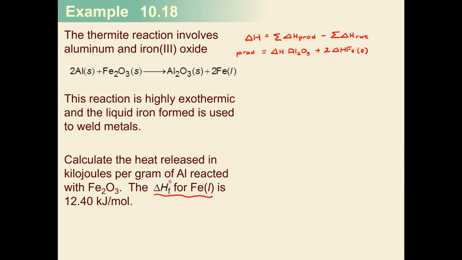So then what we can do is plug in those values. So if we do that, we will get a negative 1675.5 kilojoules, this value coming from our textbook, plus 2 times our delta H of our liquid iron, which was stated as 12.40 kilojoules, and we would be able to get that value.